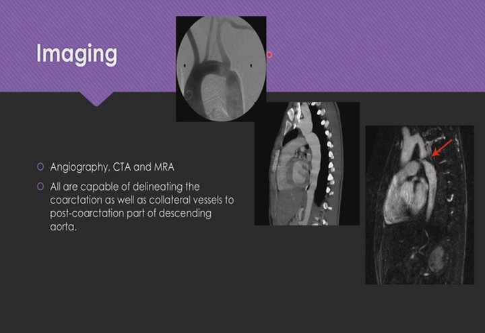But all these 3 techniques are capable of delineating the coarctation as well as the collateral vessels. The main differential diagnosis of this pathology is aortic pseudocoarctation, mainly in patients with atherosclerosis and an elongated aorta.